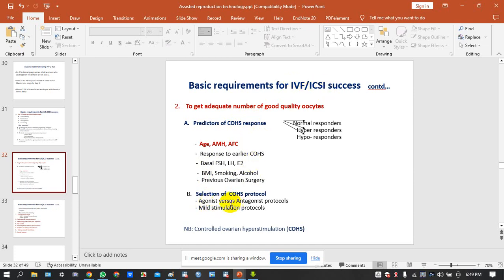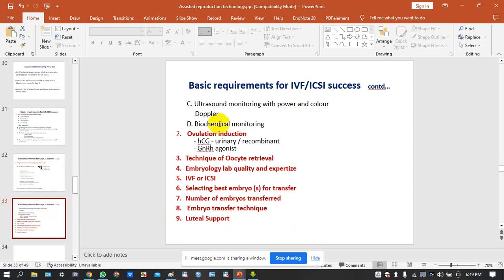We also have types of protocols or drugs to be used. Then the basic requirements: ultrasound monitoring with powered Doppler is very necessary to scan what is happening in the endometrium when you put the embryo back.